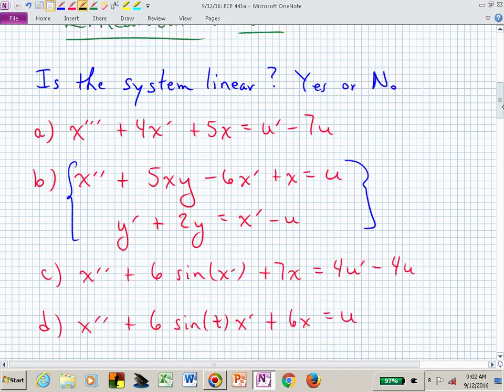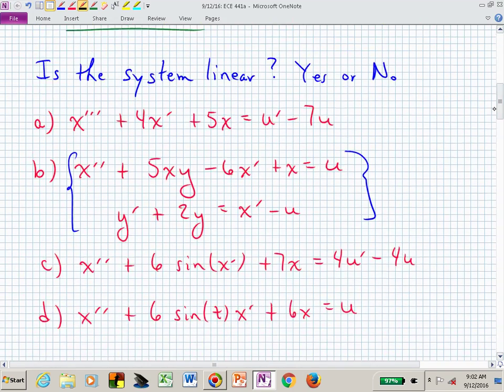With that said, I want you to look at these 4 sets of equations, and tell me yes or no on your own. Take 1 minute to determine whether these 4 equations are linear or nonlinear. Go.